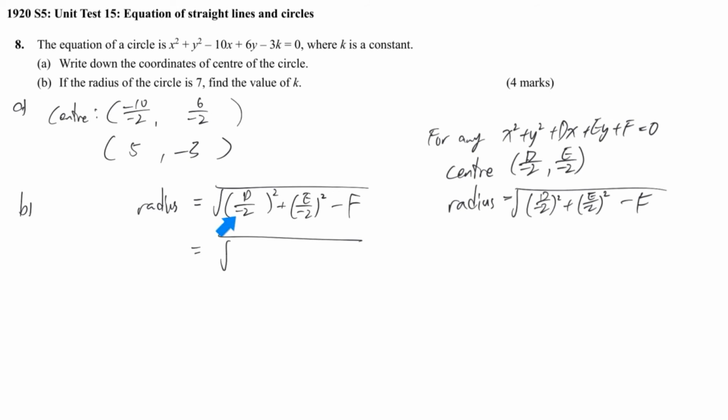Basically it is the same as the coordinates of the center. So 5 squared, plus (-3) squared, and then minus f. The key point is what is f. f is the constant. So if we separate the terms, we are talking about -3k. Don't forget the negative.